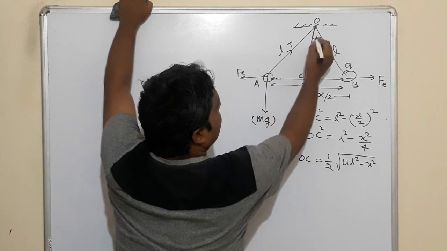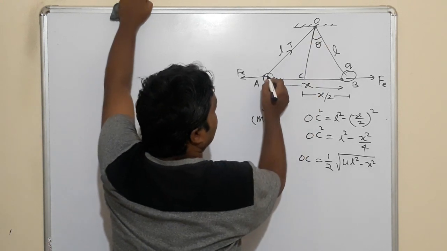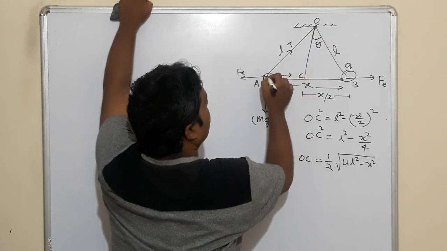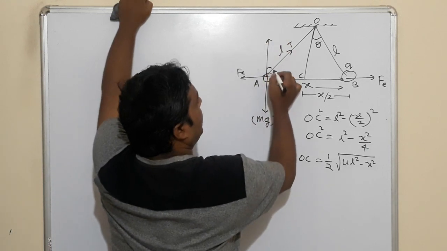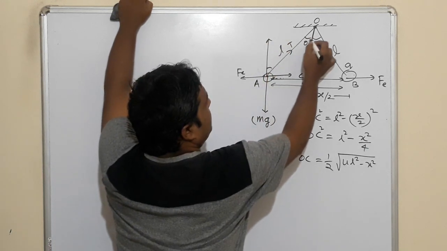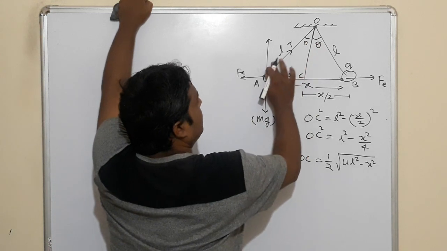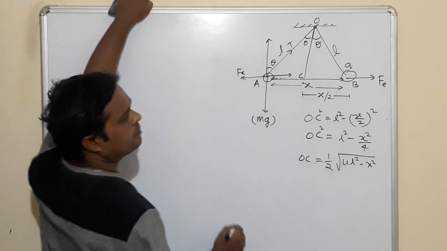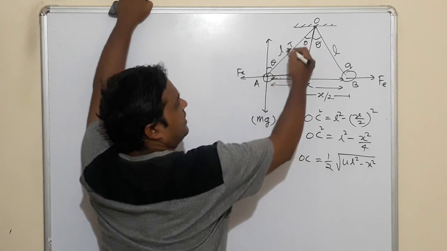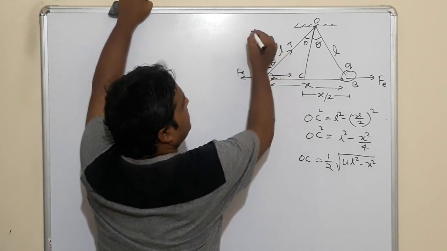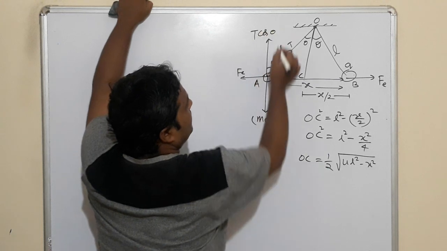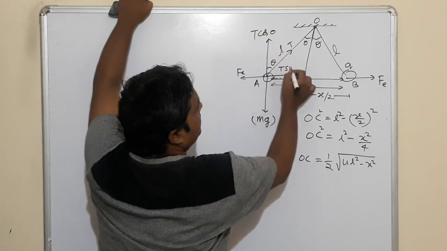This is angle theta. See, if I draw a vertical line here, this is also angle theta. Each string is making an angle theta with the vertical. So this is also theta. Then you can resolve the tension into two components. This is T cos theta and this is T sin theta.